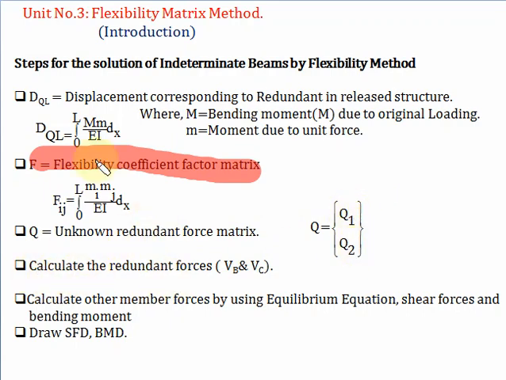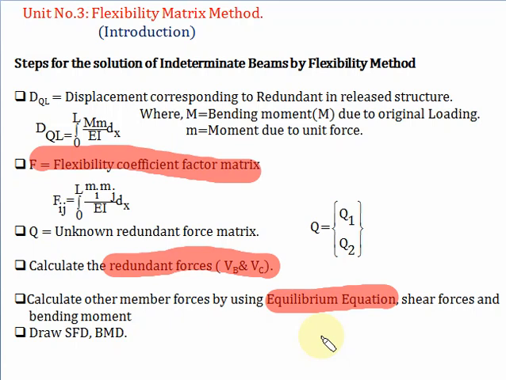Okay. So by putting the values of DQ, DQL, F in the equilibrium equation, we can calculate the redundant forces VB and VC. Then the other member forces are calculated by using the equilibrium equations, that is summation Fx, summation Fy, and summation of moment.